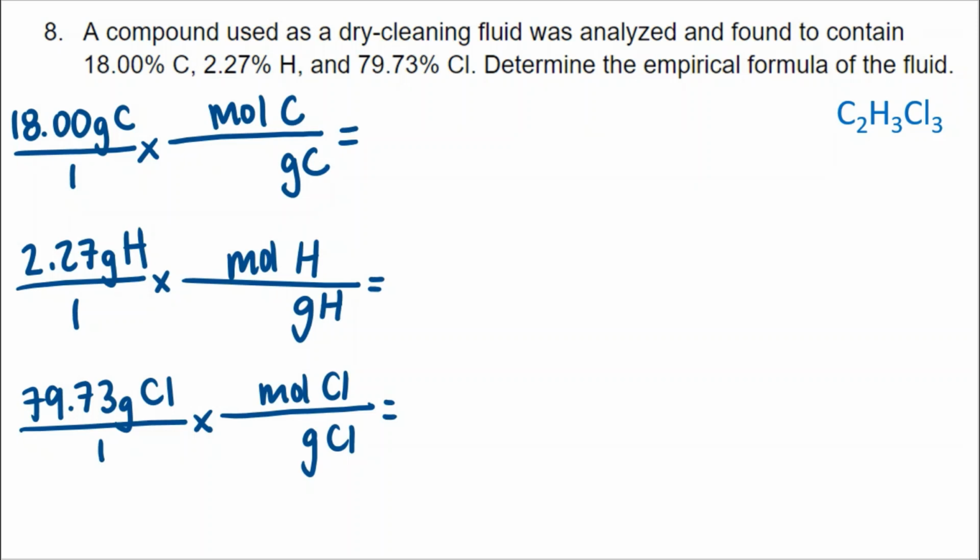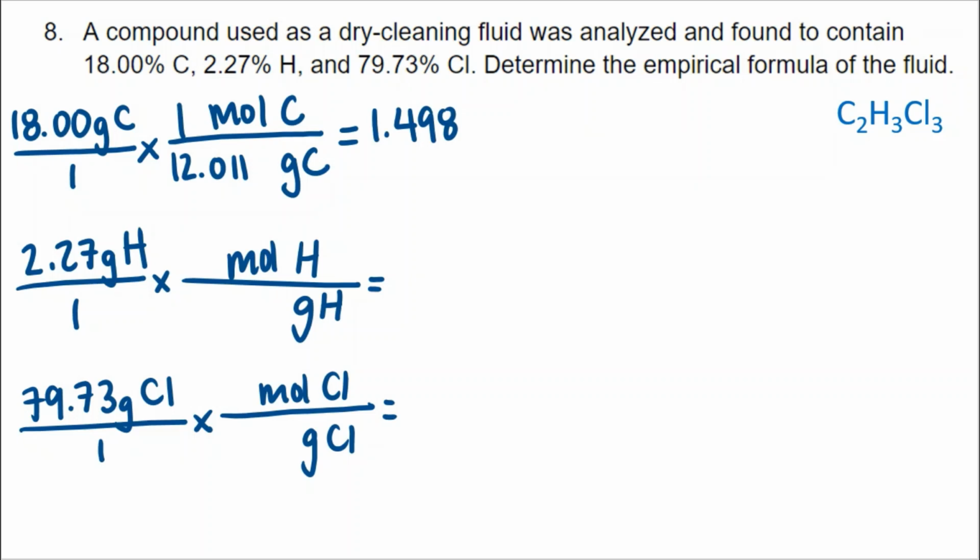So for carbon, we're going to get 12.011. That's per mole. So mathematically here, I'm going to need to do 18 divided by 12.011. And this gives us 1.498.